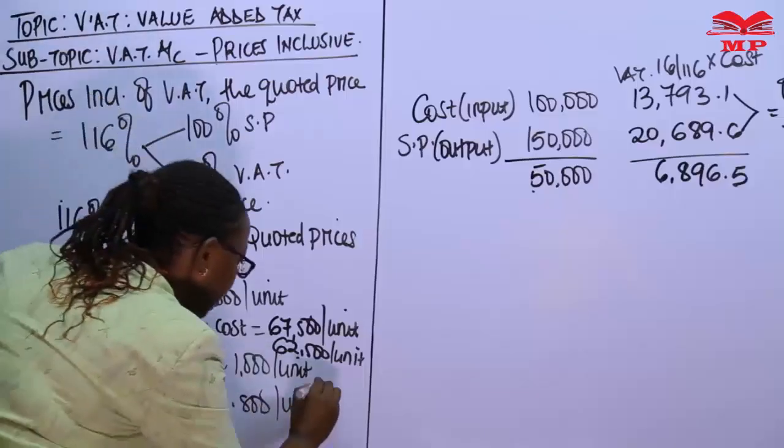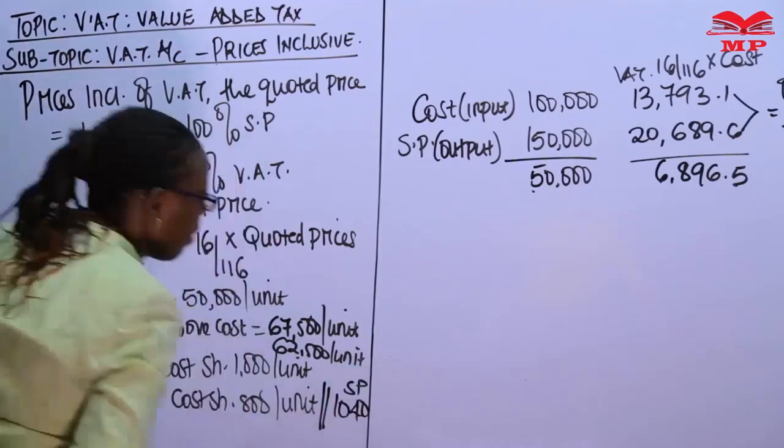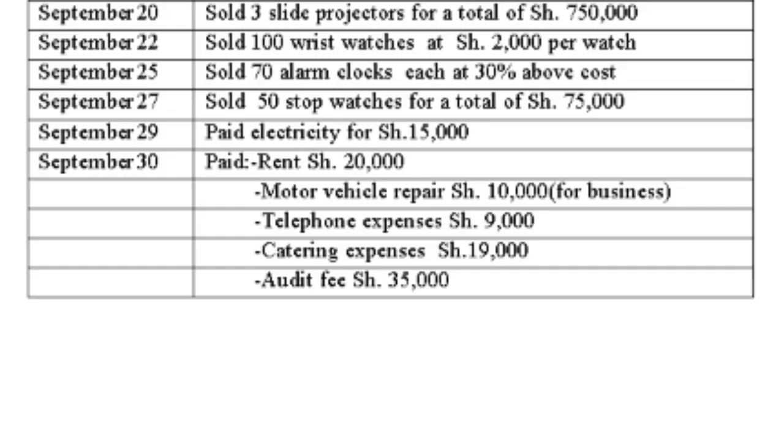So the selling price here is 1040 per unit. So they're selling 70 of them. We'll see how much they have collected. That is output VAT. Then on 27th, sold 50 stopwatches for a total of 75,000. There's nothing to compute there. We just take that to the output VAT.